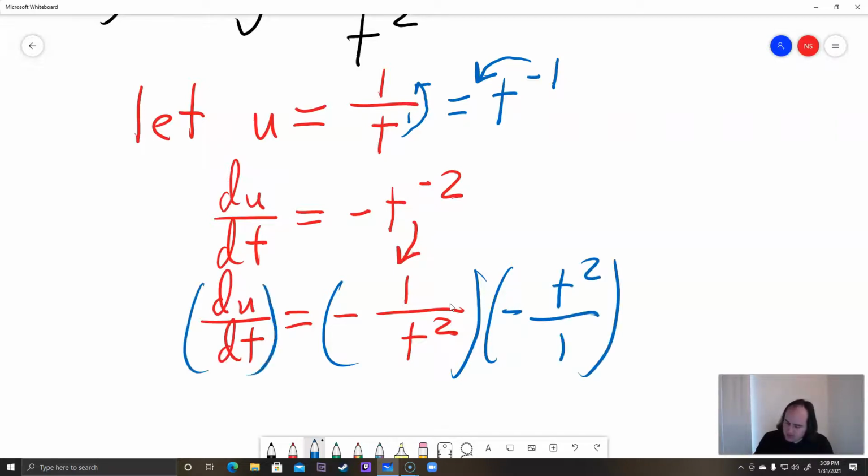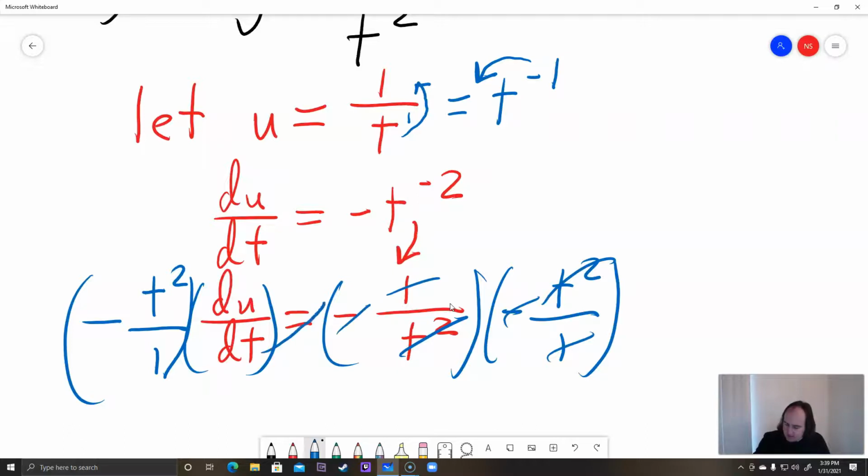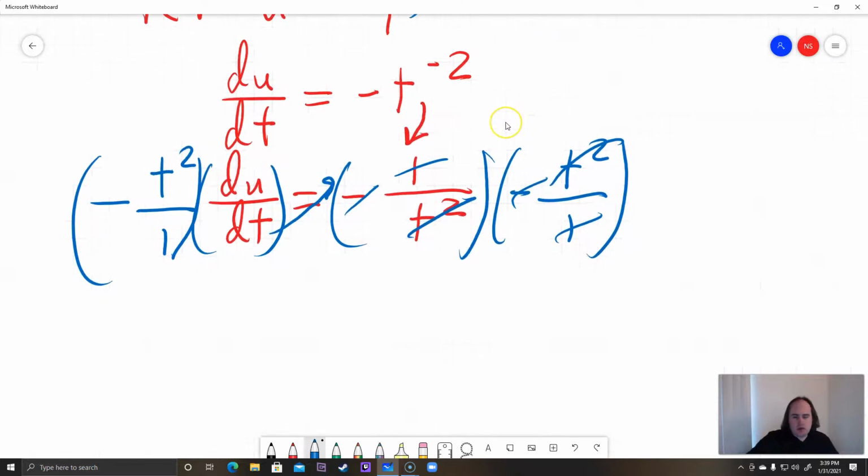That's just the reciprocal of the right side. So moving the dt to the right side, we're going to end up with negative t squared du equals dt.